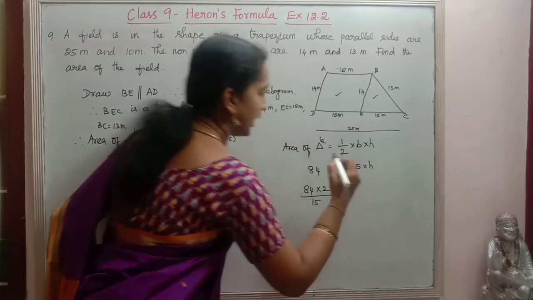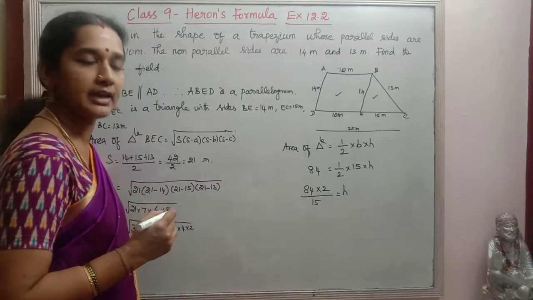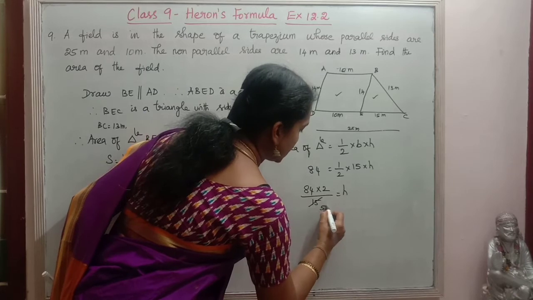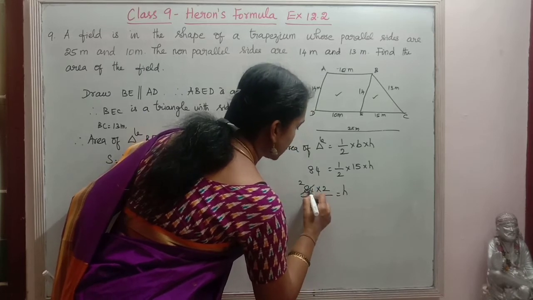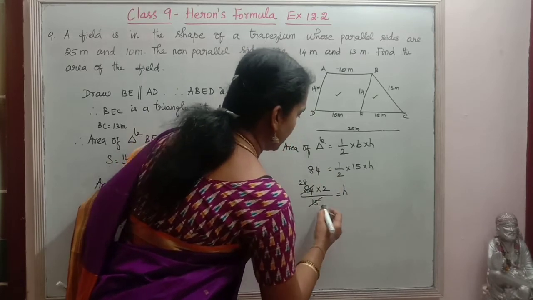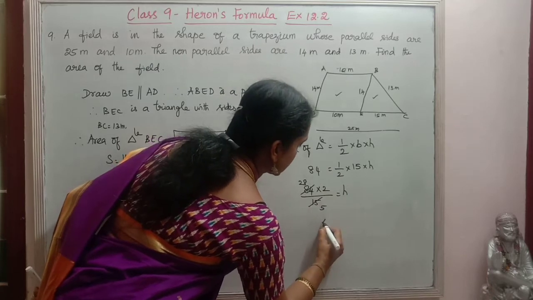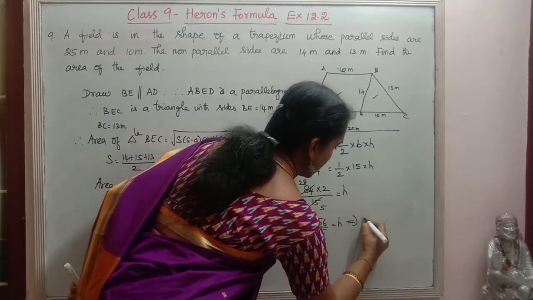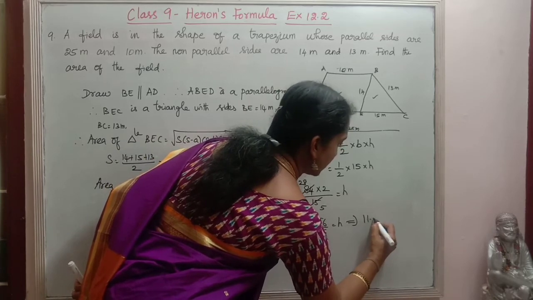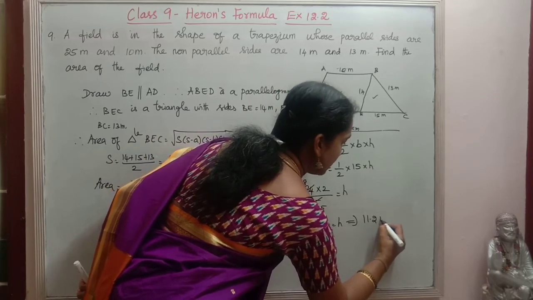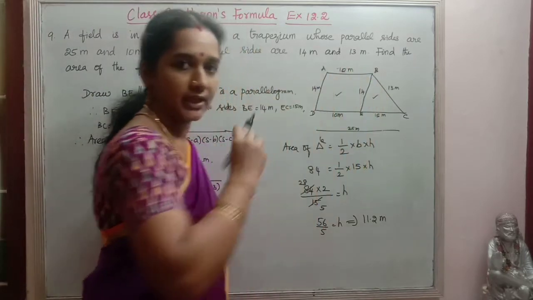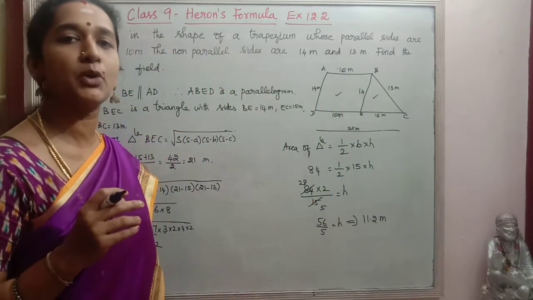Simplifying, that is 56 by 5, which is 11.2 meter. So the height of the triangle is 11.2 meter.